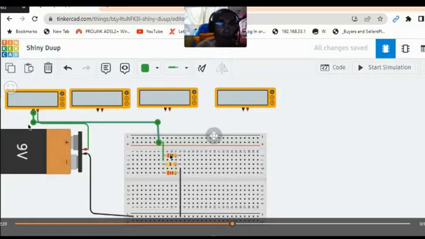So meaning the multimeter should be connected in series to the circuit. That would be the idea of measuring the individual current that will pass through each resistor.